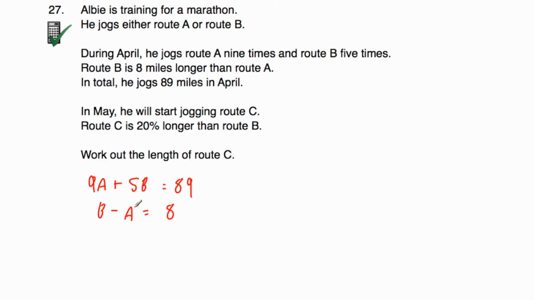Instead, what I'm actually going to do is rearrange the top one. So instead of 9a plus 5b, we could say it's 5b plus 9a, just swapping those two around. So I'm going to write 5b plus 9a is equal to 89, and below that b subtract a is equal to 8.